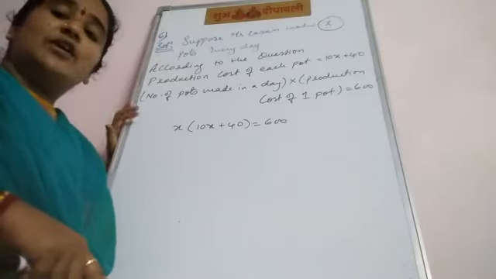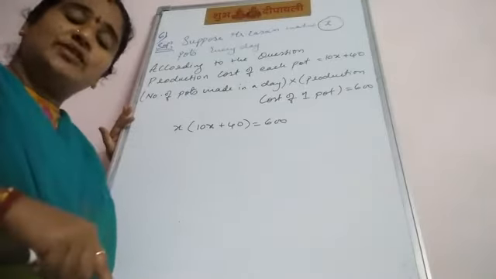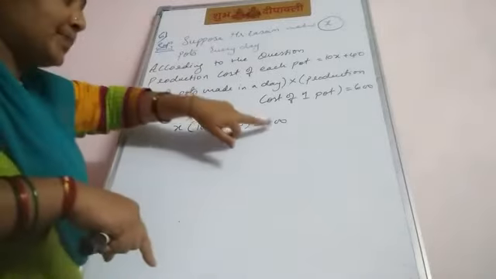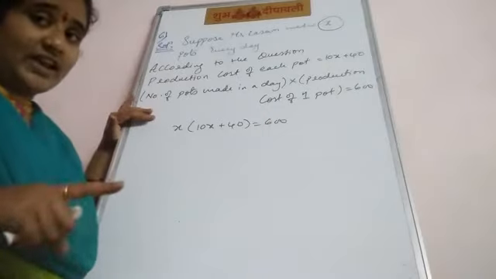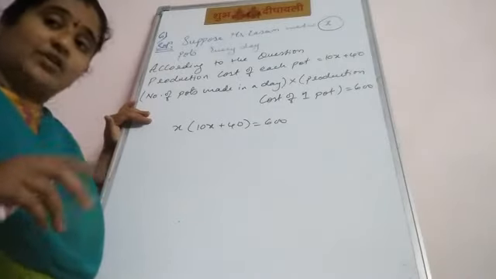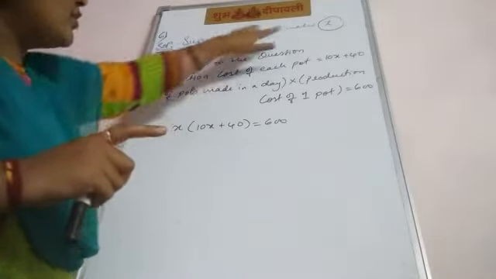Then you have the total cost of production of all the pots in a day. How much? 600 rupees. So you have the formula: the number of pots in a day times the cost of one pot equals 600. The number of pots made in a day, how many? x.